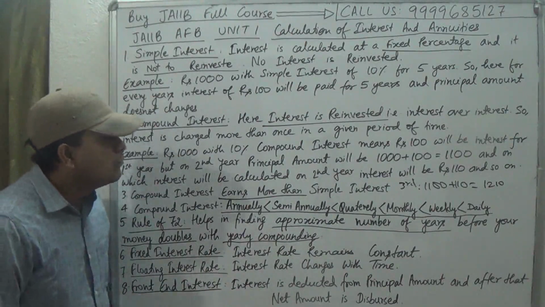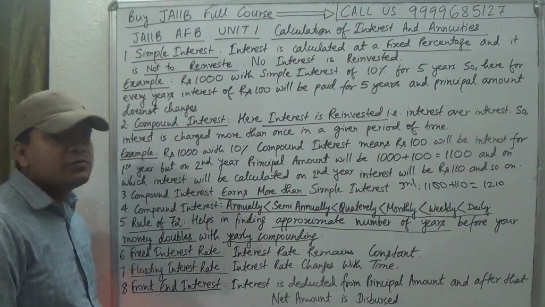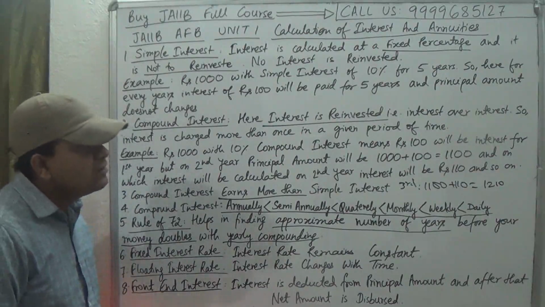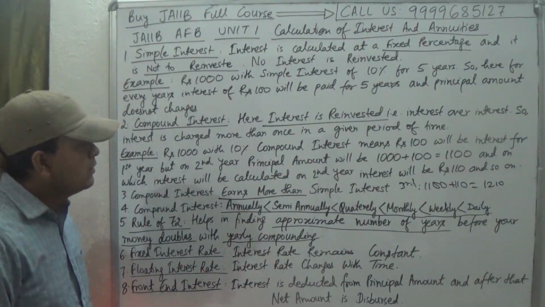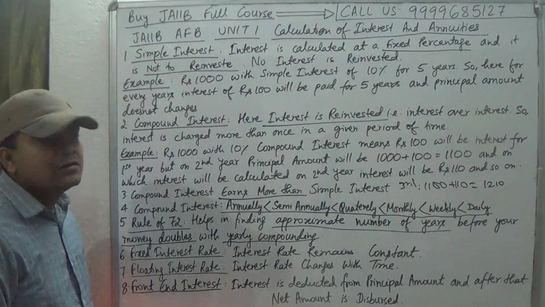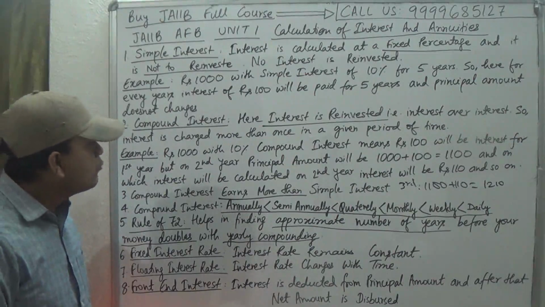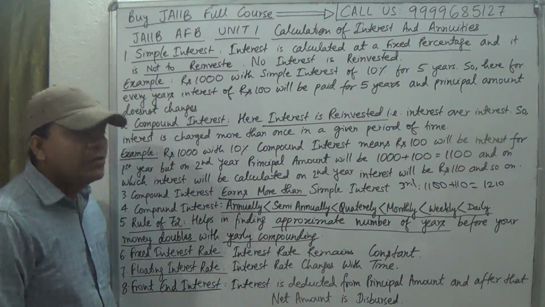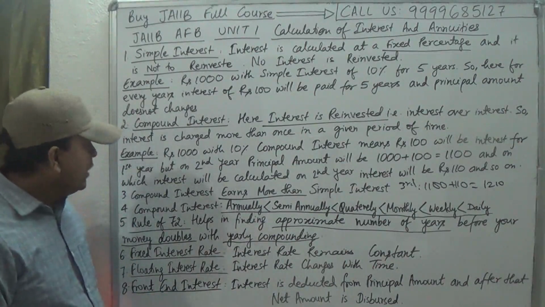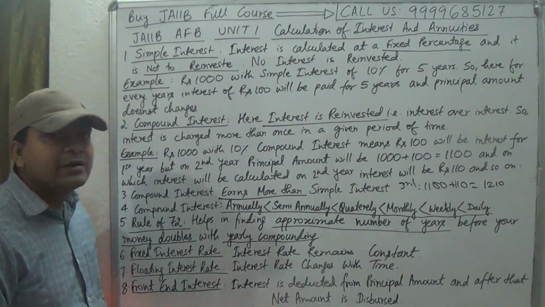Example, 1000 rupees with 10% compound interest, which means 100 will be the interest for the first year. In the second year the principal amount changes: 1000 plus 100 interest becomes 1100 rupees, on which interest is calculated, so it becomes 110 rupees.